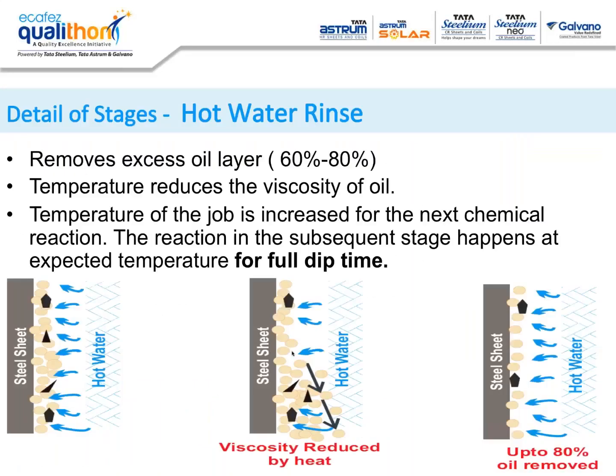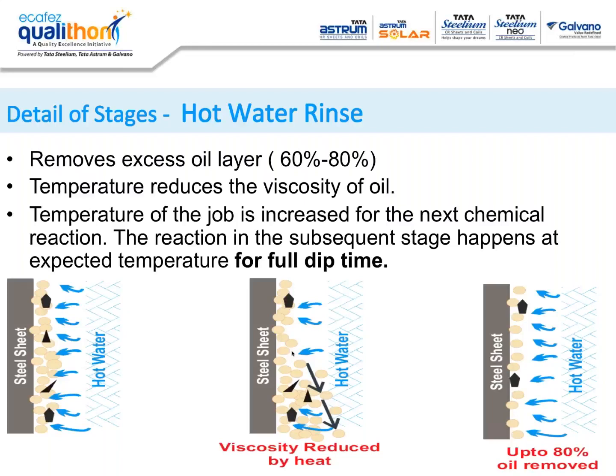Now the first stage we have discussed is a hot water rinse, which is not there in the 7 tank process, but is a new process added into the 11 tank or 9 tank process. First, the excess oil gets removed at that temperature, usually 60 to 80 degrees, and 50 to 80% of the excess oil will get removed without using any chemicals.